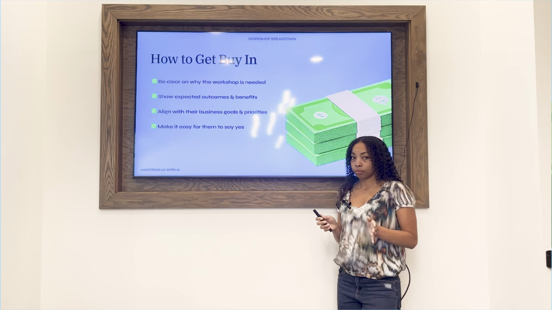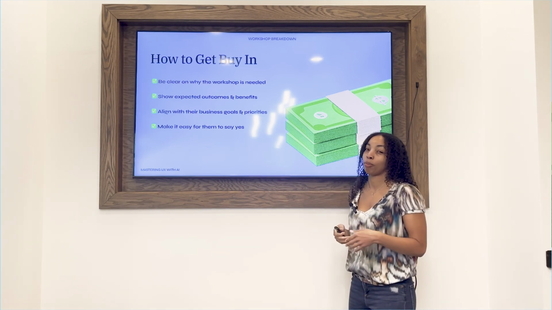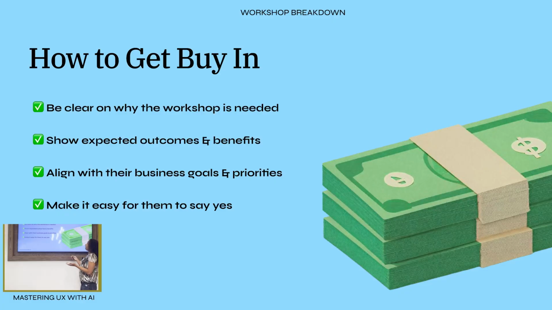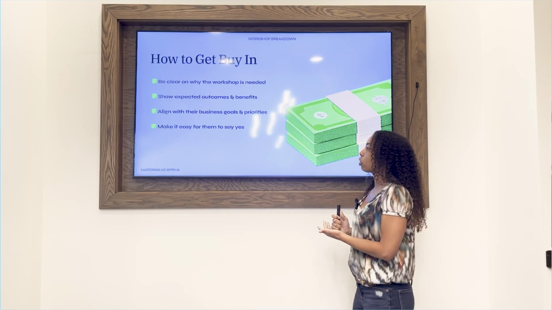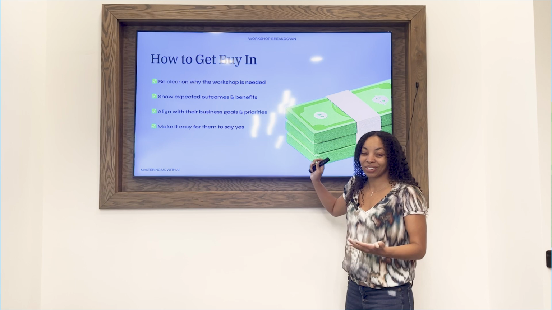Okay, so let's say you're trying to get someone to pay you to do a workshop. How do you get buy-in? Well, you need to be clear on why the workshop is needed, right? We covered that. You need to make sure that you show what the outcomes and the benefits are. We've covered that. You need to make sure that it aligns to the business goals and priorities, right?